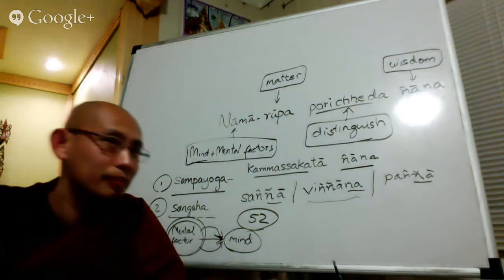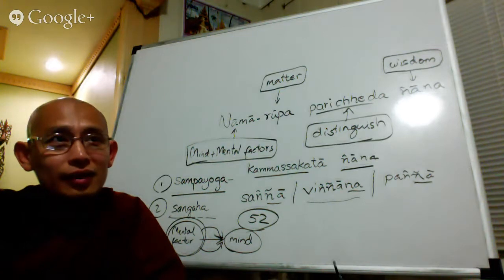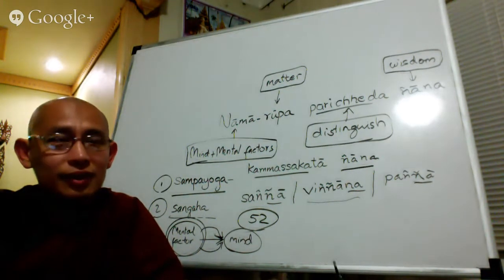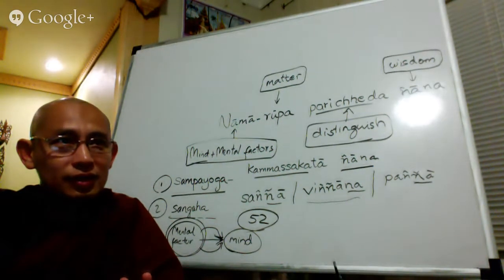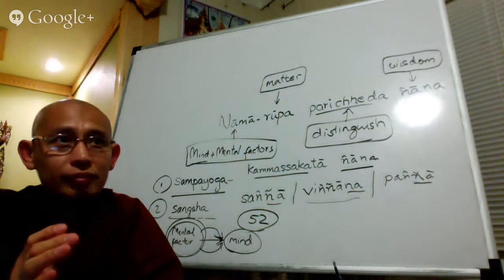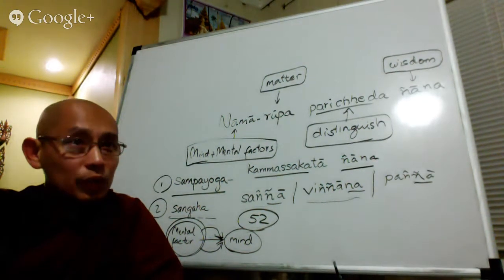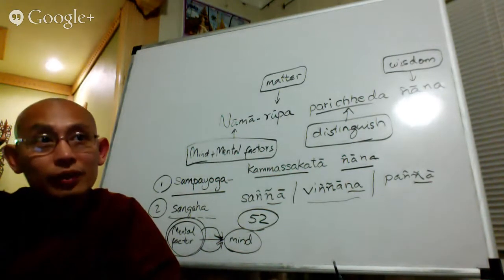In the mind, when we learn about mind, there are 5 kinds of feeling: pleasant feeling, unpleasant feeling, neutral feeling, and then physical pleasant feeling and physical painful feeling. So altogether 5.